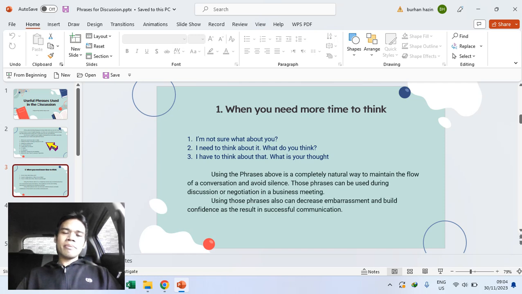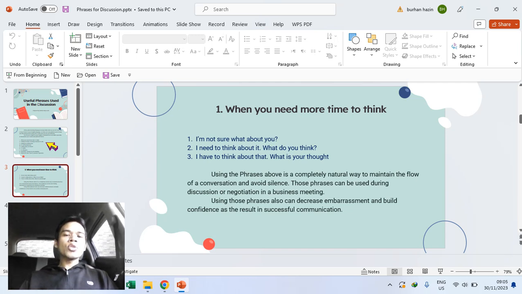So here we have several phrases you can use, but I remind you here that it is not rigid like this. This is only an example of phrases we can use when we need more time to think. The examples are: I'm not sure. What about you? I need to think about it. What do you think? I have to think about that. What is your thought?